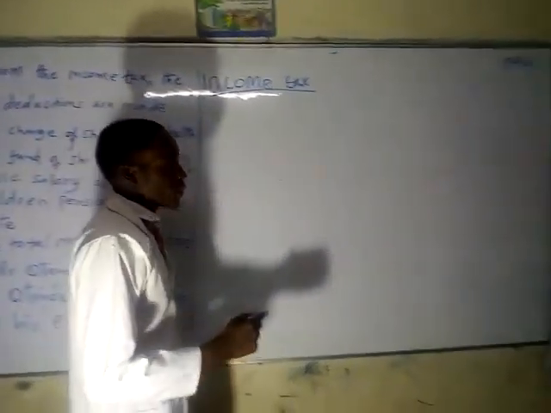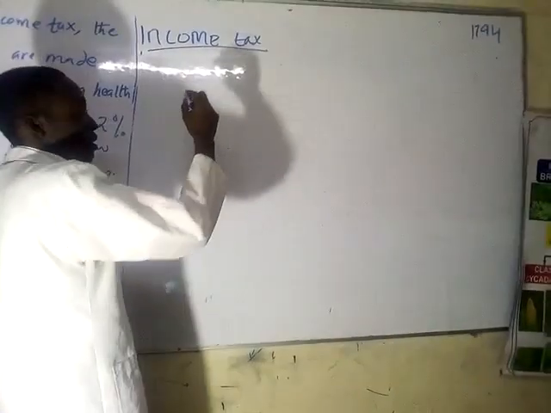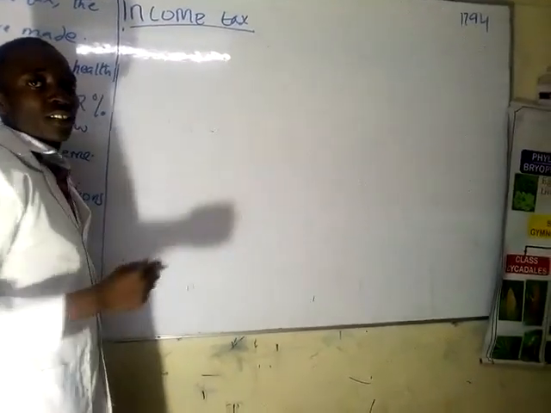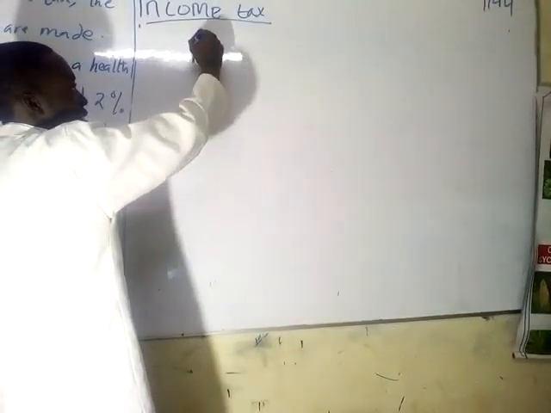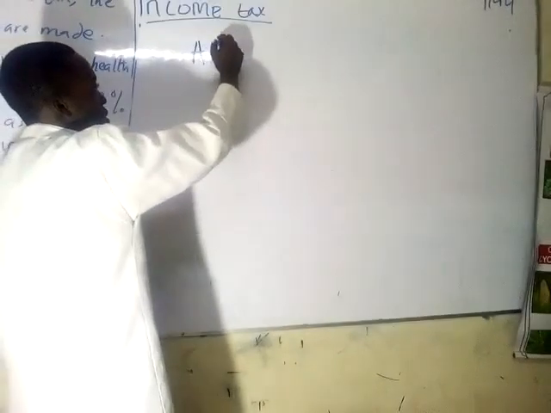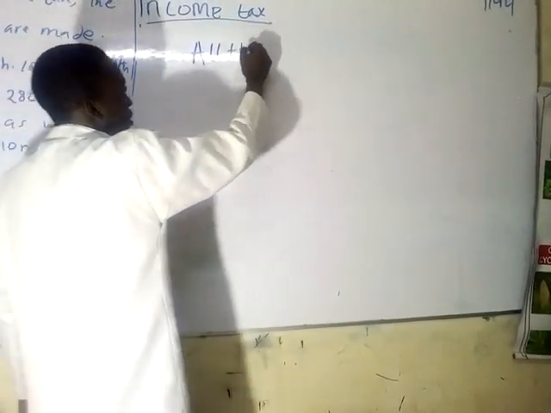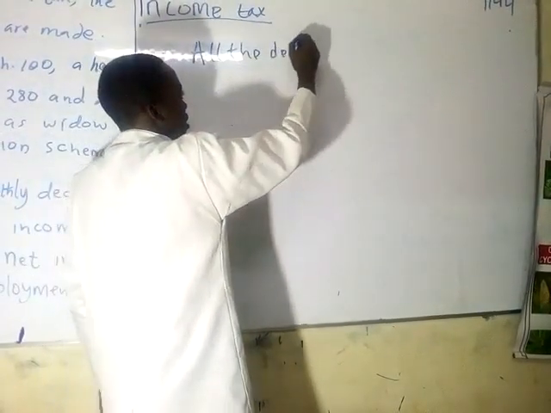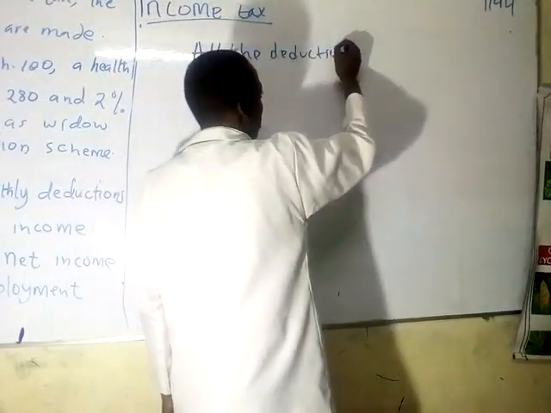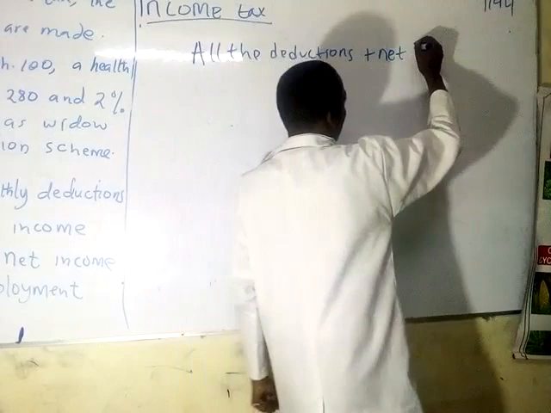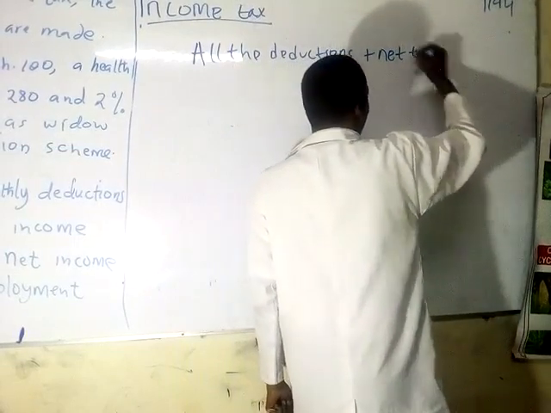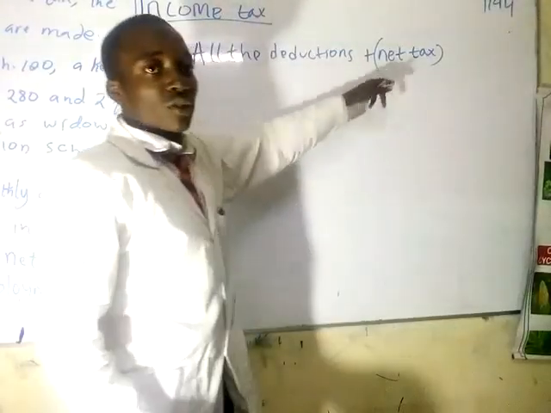First, what you have to know is that deduction includes net tax. So to get the total deduction, we say all the deductions plus net tax, which in our case, net tax is also a deduction.